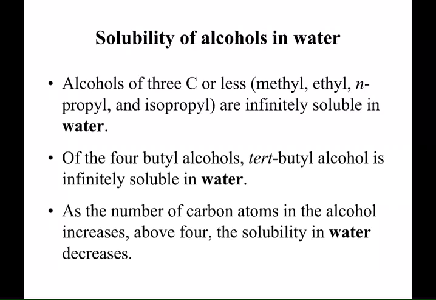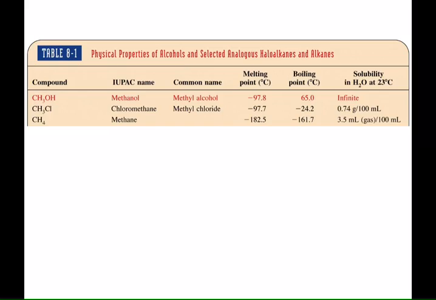So infinitely soluble is the tert of the 4 butyl alcohols. Tert is kind of branching. I think I just proved my point wrong. I'll have to think about that. But thanks for playing along with me. Let's see if this sheds any light.